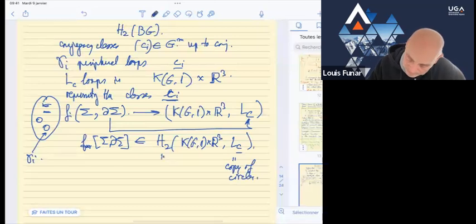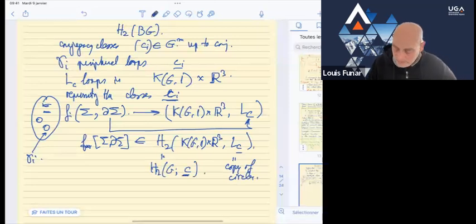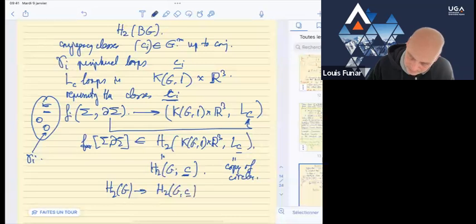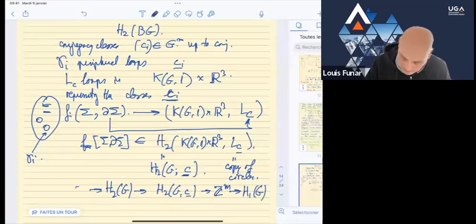And if I'm calling that H_2 of G fixed by G, then you have an exact sequence: H_2 of G into H_2 of G,C into Z^M into H_1 of G. Something like that.